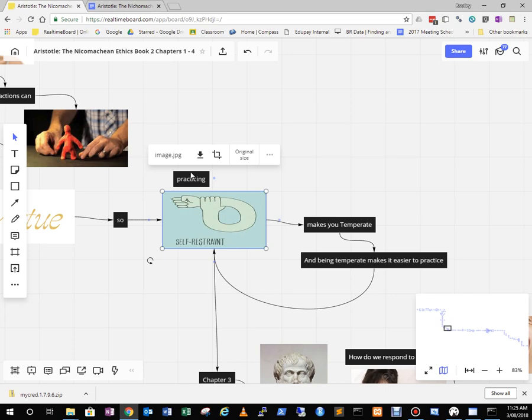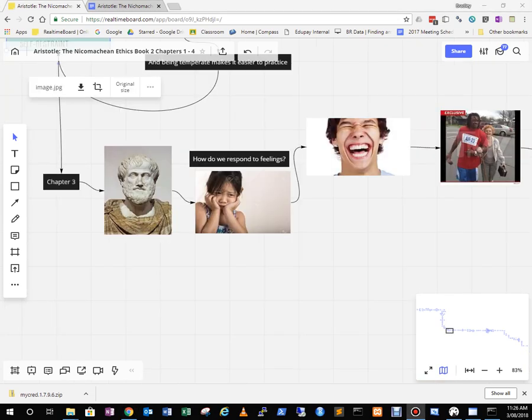So it's like a cycle. Our virtue is grown and developed through practicing actions of virtue. But as we do that, we acquire the internal state of virtue, which then makes it easier to perform actions of virtue. Take a note.